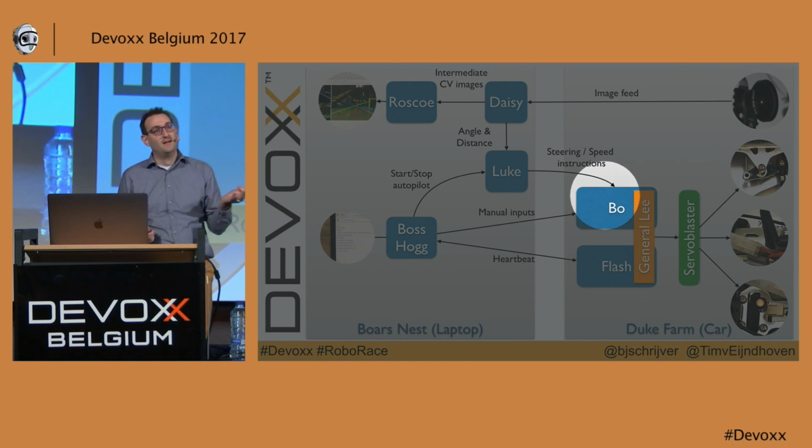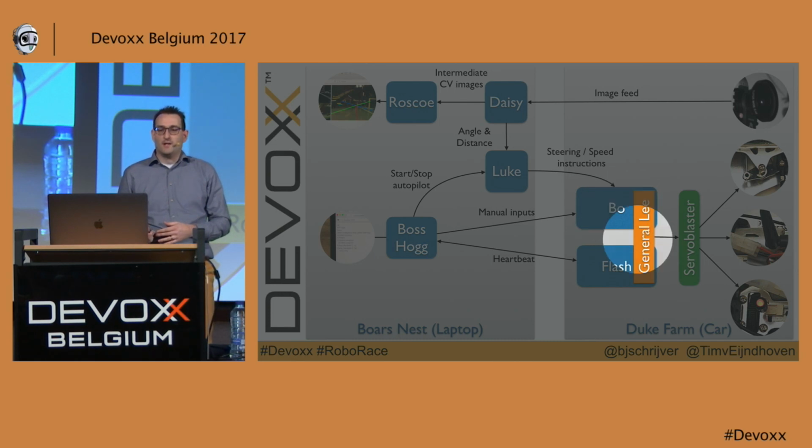So that's the service that gets the input from Luke saying we need to steer a certain number of degrees to the right or left, and we need to accelerate or decelerate. Then it uses a library in Java, which echoes the commands to Servo Blaster to do the steering inputs and the engine inputs.